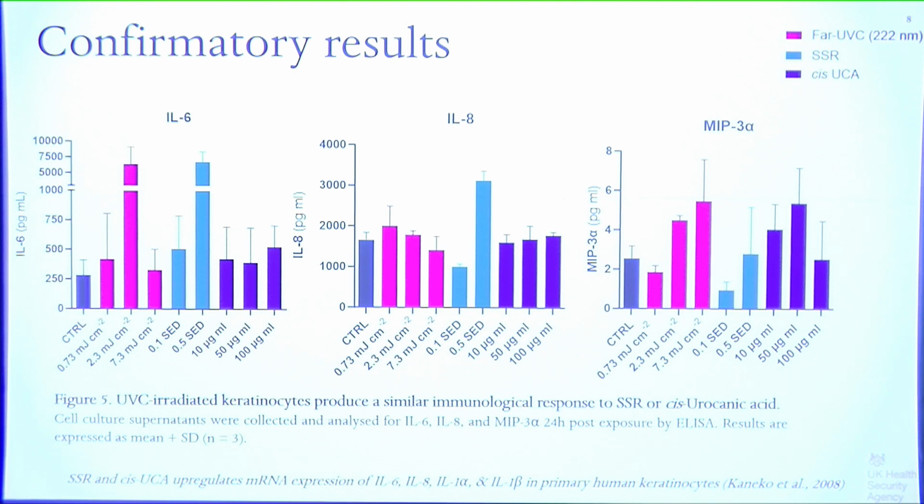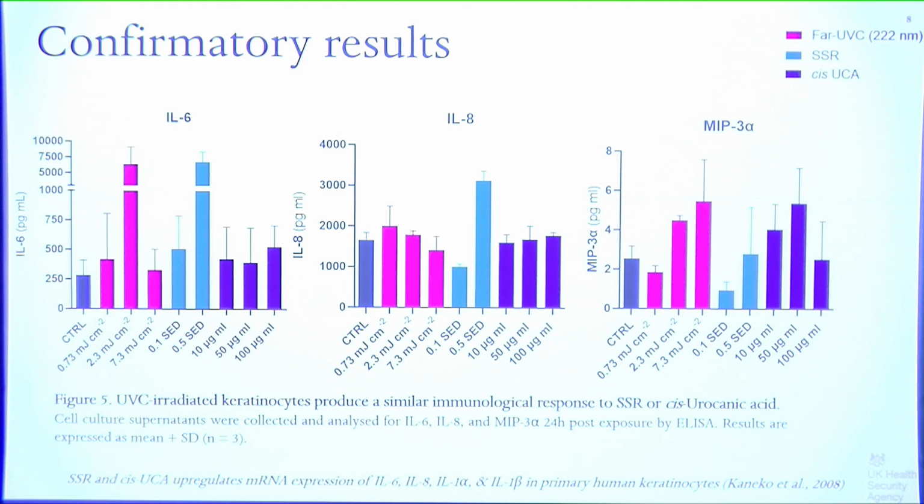IL-8, on the other hand, you get a dose-dependent decrease in secretion levels. It doesn't change much from the control, whereas with macrophage inflammatory protein 3 alpha, you get a dose-dependent increase in the UVC-exposed cells, with levels again more or less consistent with ICFUST, but you still see that same trend beginning to form with the solar-irradiated keratinocytes.